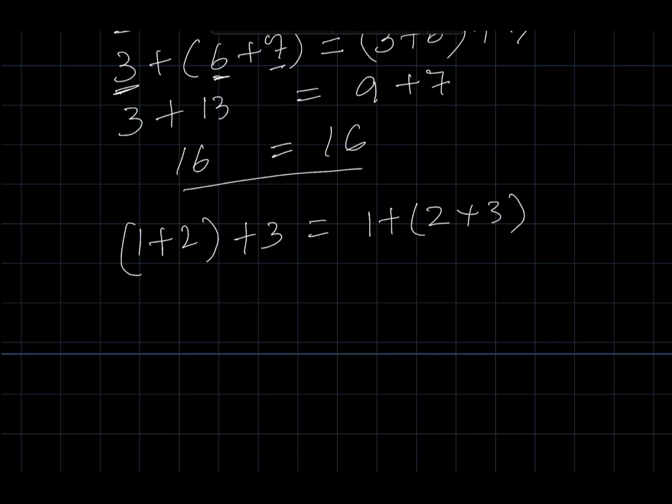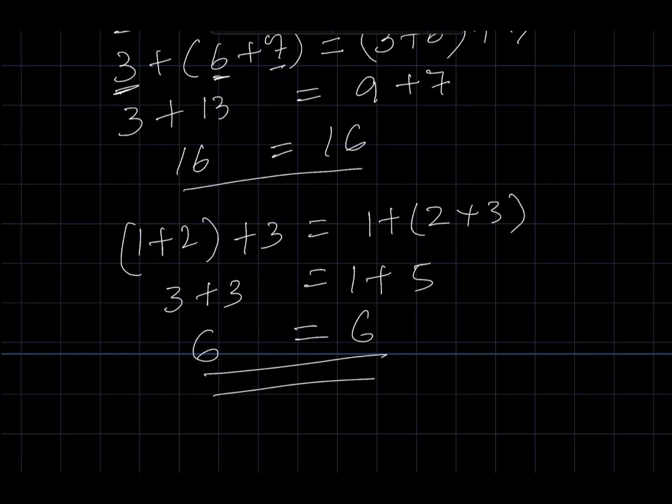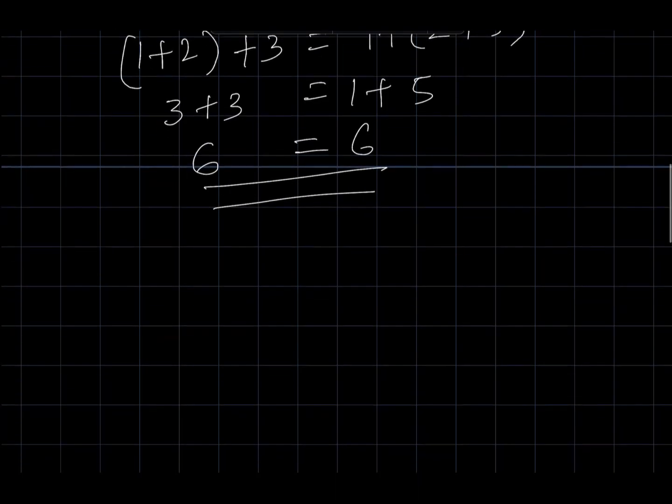It doesn't matter if I add 1 with 2 and that result is added to 3, or if I add 2 plus 3 first and add that result to 1. 1 plus 2 is 3, plus 3 is 6, and 1 plus the result of 2 plus 3, which is 5, is also 6. That's the associative property of addition.